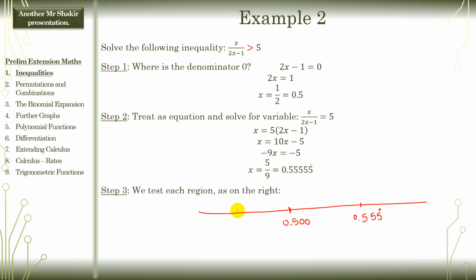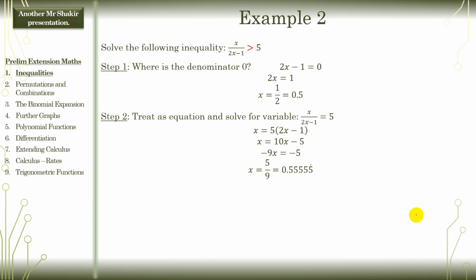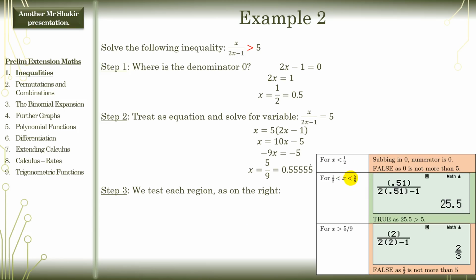Pick a number. You can pick 0 for this region. If it helps you visualize, draw the number line straight away. I would recommend that for you guys because you're starting off. Anyway, you test each region and you will find that subbing in 0, numerator is 0, therefore false, 0 is not more than 5. Subbing in 0 makes that whole thing 0.